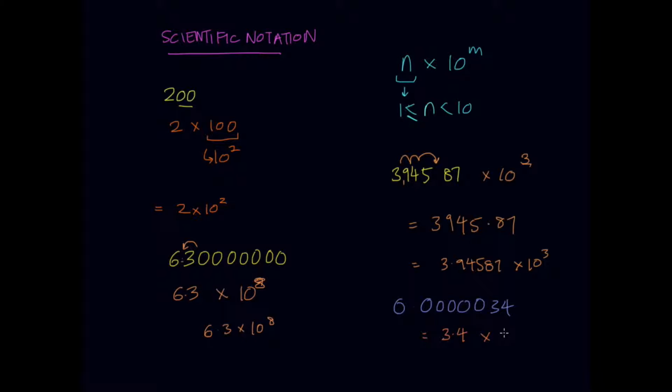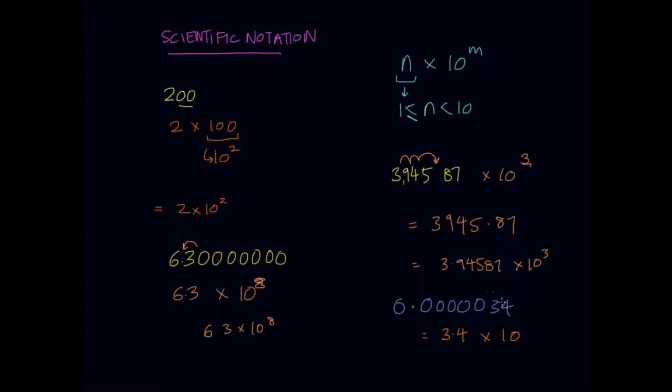Now this times 10 to what power is going to return me this original value here? In order to do that, I need this decimal, 3.4. We moved the decimal from here to here, and we made it 3.4. But 10 raised to what power is going to move the decimal back here?